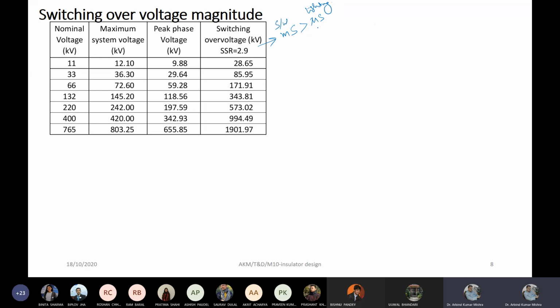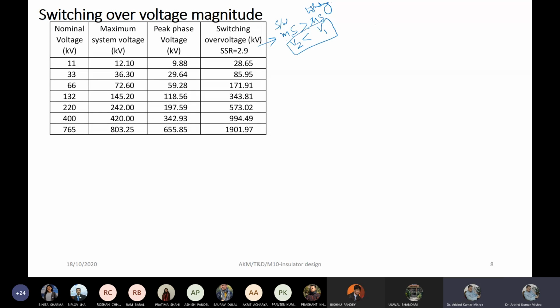If a particular insulator can withstand V1 lightning overvoltage and V2 switching overvoltage, then since the switching time is higher, its withstand capacity will be lower.